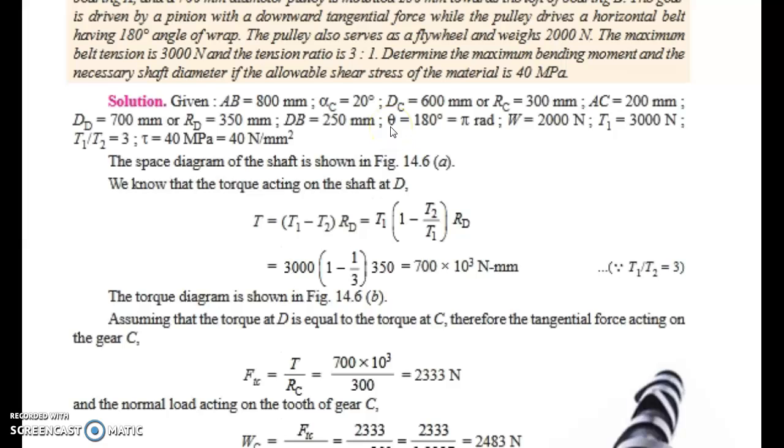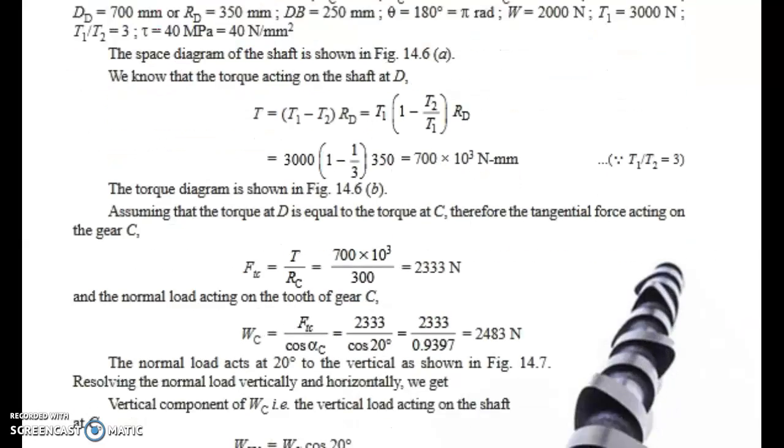Then the angle of wrap on the pulley is 180 degree. The weight of the pulley is 2000 Newton. Then the tension at the tight side on the pulley is 3000 Newton. Then the ratio is given, T1 by T2 is equal to 3. Shear stress is given, 40 Newton per millimeter square. So these are the given data.